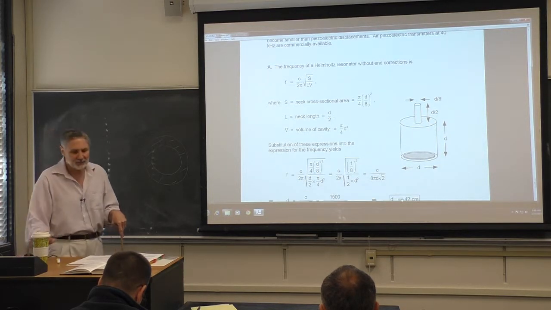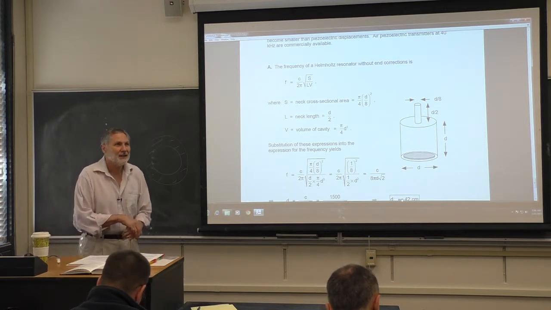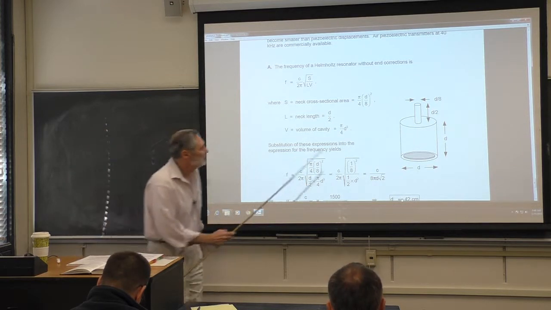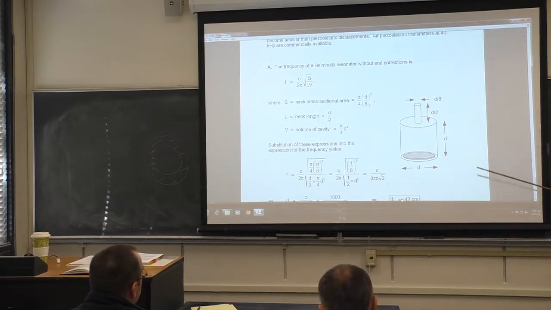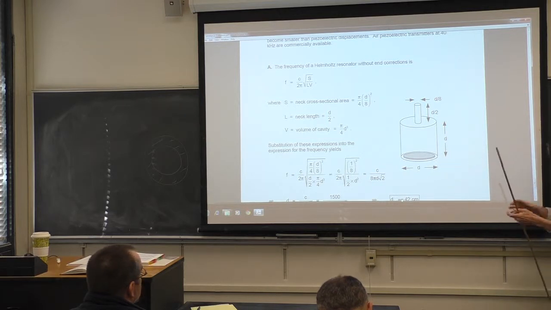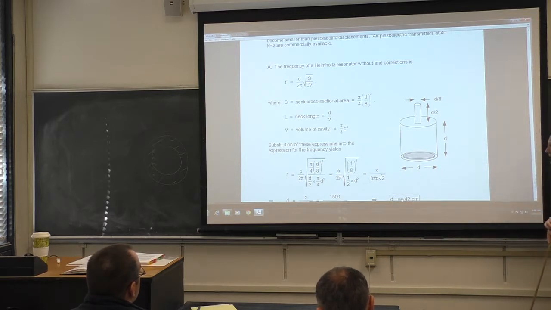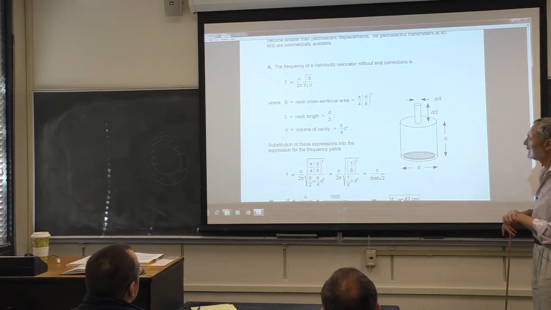Okay, this is the final problem. This is real simple. You're designing an underwater Helmholtz resonator, and this is what you would go through if you wanted to design something like this. To make it simple, you'll notice these are all the same D's here. So we're going to scale this thing up or down, keeping the same shape, and see if we can find a reasonable value of D such that, did I give the frequency here?